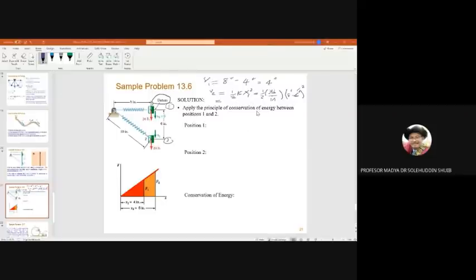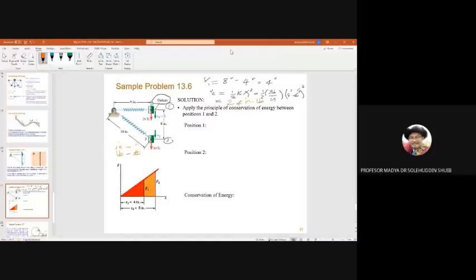So you get 24 inch-pound. For inch, we use this mark. For pound, we use hashtag.